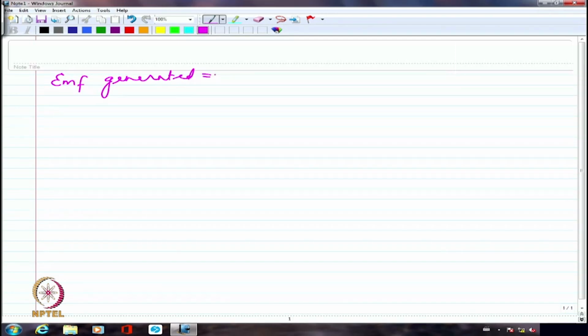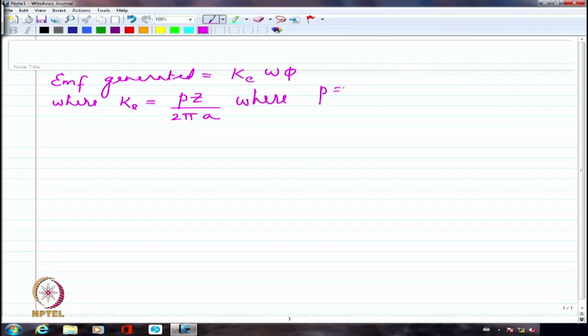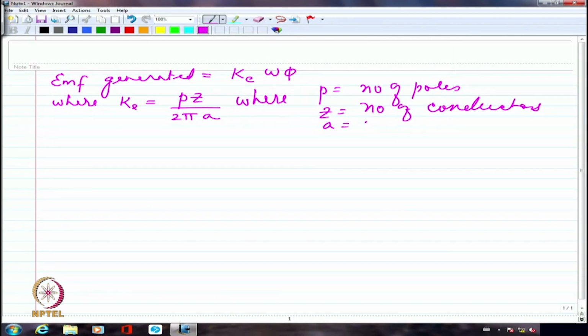generated EMF is going to be equal to whatever is the back EMF constant. I may call this KE, multiplied by omega multiplied by phi, where KE is equal to the number of poles times the number of conductors divided by 2 pi A. So let me write this again, where P equals the number of poles, Z equals the number of conductors, and A equals the number of parallel paths.